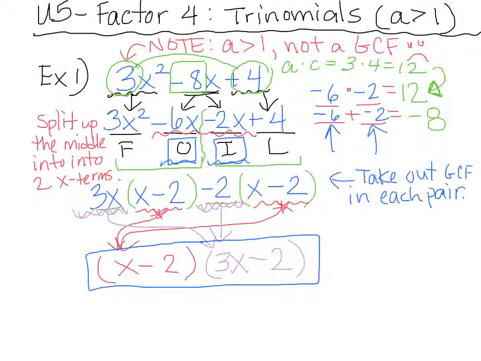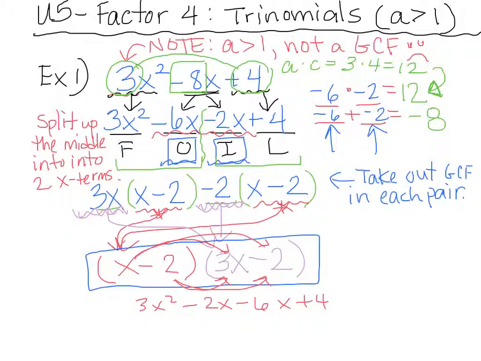If we wanted to double check this, we could always do a FOIL method. Make sure that it works. Remember that x times 3x is 3x squared. X times negative 2 is negative 2x. And then the inner terms, negative 2 times 3x is negative 6x. And negative 2 times negative 2 is positive 4.